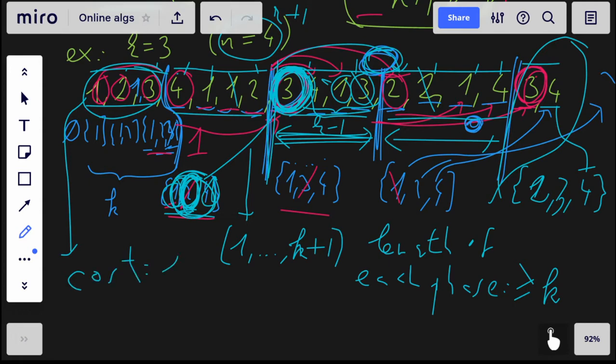But for all the other phases I will pay just once, because a new cache miss marks the beginning of the next phase. So in each phase I pay only one unit of cost.